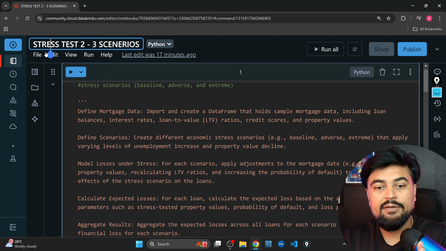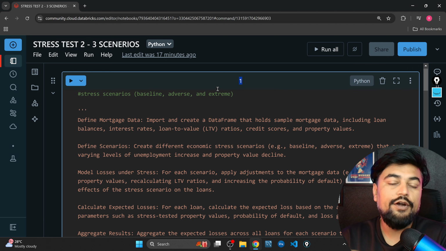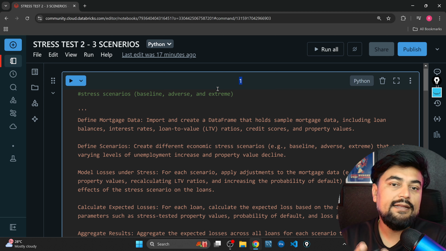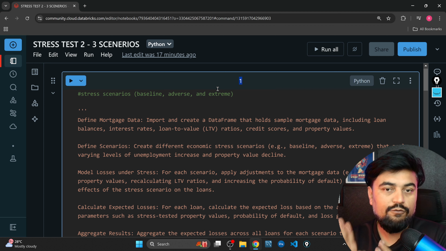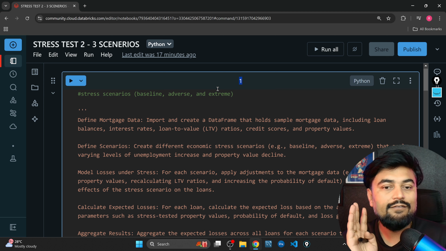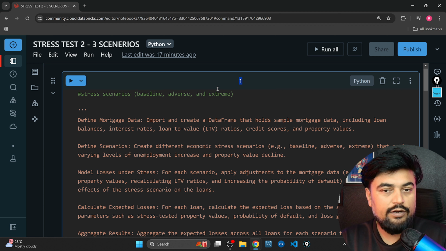Then extreme cases. The extreme case, let's say, is COVID. When corona came into the picture, nobody ever thought of it, but suddenly many people were houseless and were not able to pay the EMI. To check such kinds of conditions, this is the test which banks usually perform, known as a stress test. And that stress test has three scenarios, which are baseline, adverse and extreme. I just gave you one example for that.